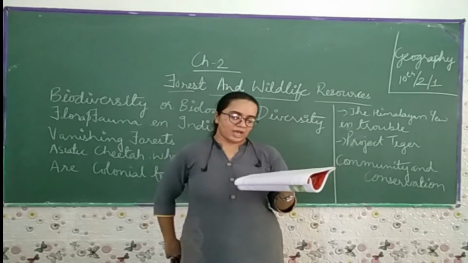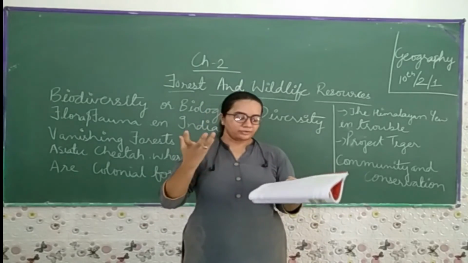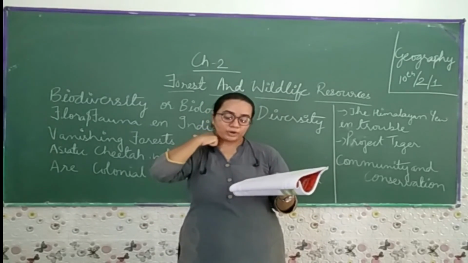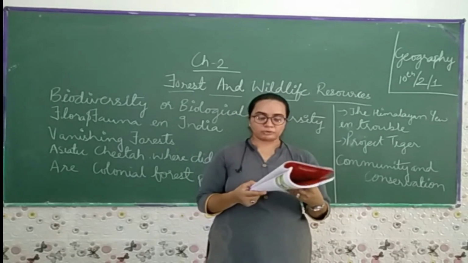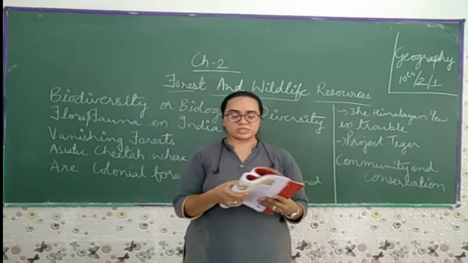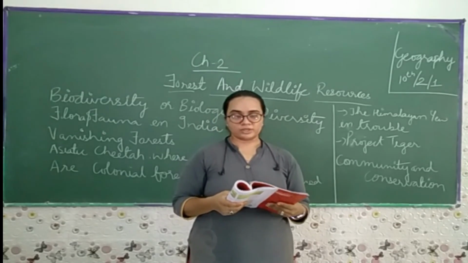This is the direct outcome of environmental destruction. Therefore, the forest and the wildlife are vital to the quality of life and environment of the subcontinent. So it is imperative to adopt sound forest and wildlife conservation strategies.